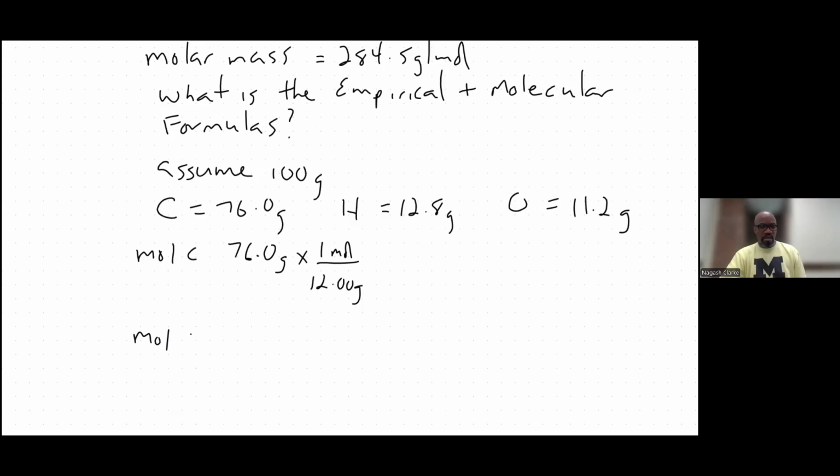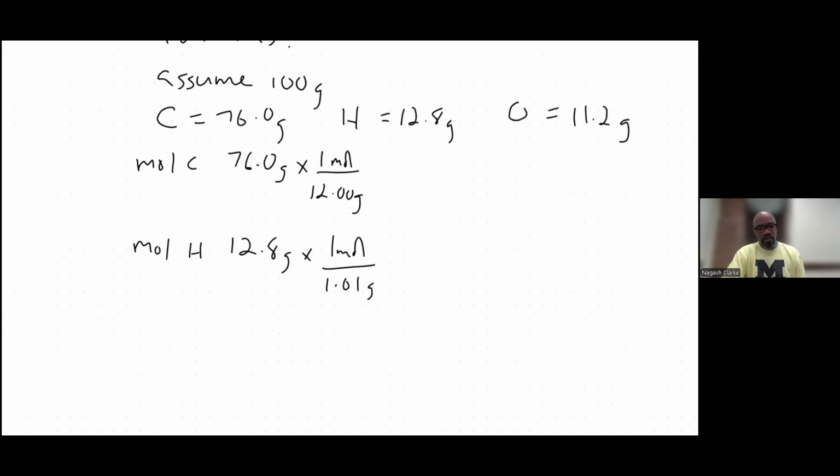These calculations are not hard, but they're time consuming. But you have to go through the steps. You have to be systematic about it. So 12.8 grams times 1 over the molar mass of hydrogen. Then O, 11.2 grams over 16 grams. I like to lay everything out and be very systematic, then do my math.